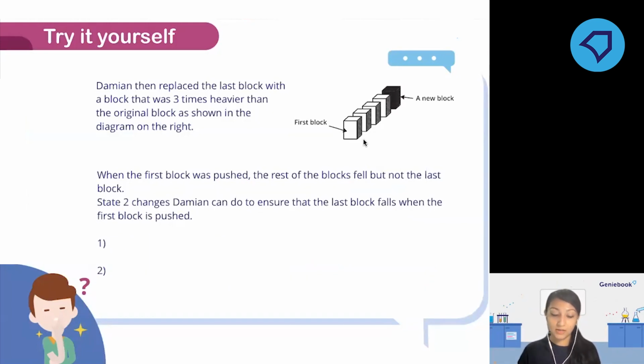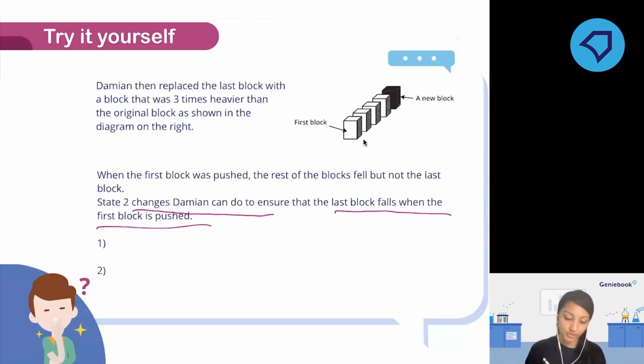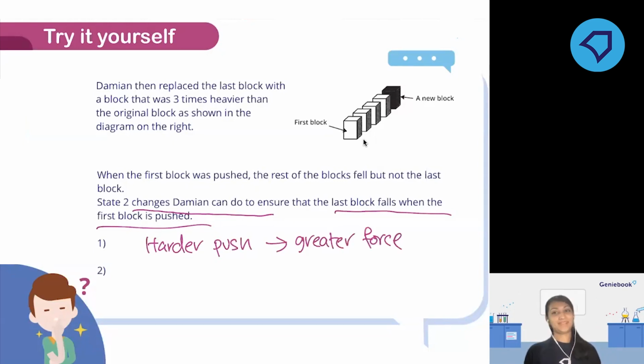Same scenario, but this time it says, state 2 changes Damien can do to ensure that the last block falls when the first block is pushed. What can he do to make sure that the last block falls? Give a harder push. Yep, harder push. Harder push means more what? Force, right? Greater force. Change the blocks to a heavier block. Which one can you change to a heavier block? Just the first one.